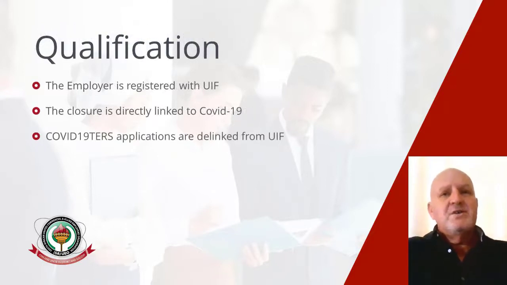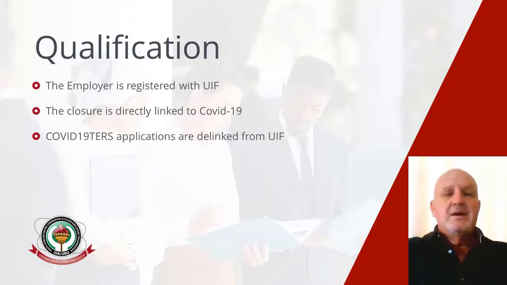A further qualification is that the employer is registered with UIF. In other words, you have a valid UIF registration number. Secondly, the closure is directly linked to COVID-19, to the virus. If you qualify and you've answered yes to all of these questions, then the COVID-19 TERs application will come into effect, and it is delinked from UIF.